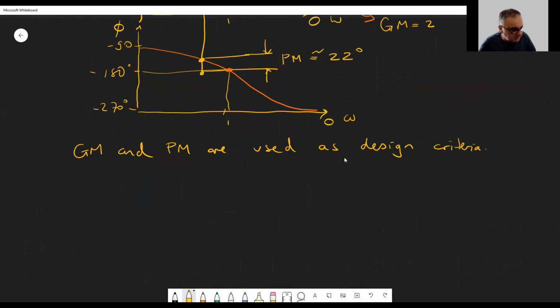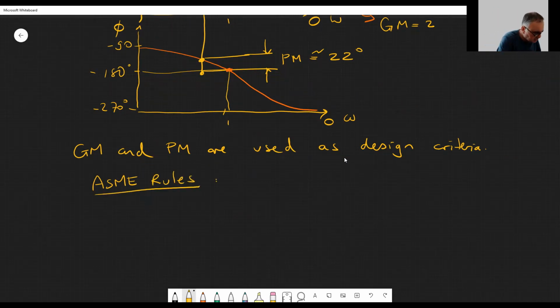That is, you try to achieve certain aims with the gain and phase margins. For example, there are these ASME rules actually for gain and phase margins. Let me see where I put them.